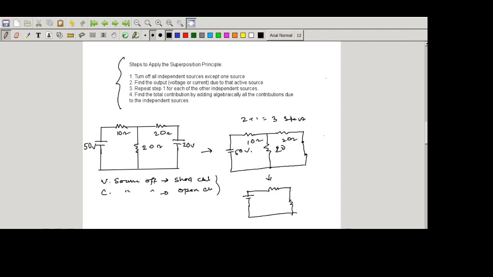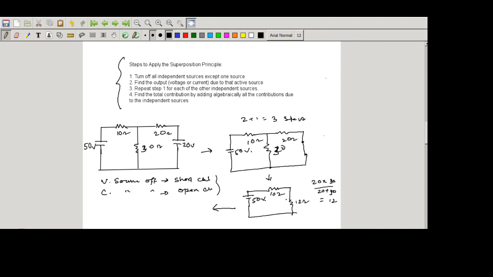Now we change this value for better understanding. It is 30 ohm. Now 20 and 30 in parallel: 20 times 30 divided by 20 plus 30 equals 12 ohm. So here 12 ohm, here 10 ohm remains the same, and here the 15 volt remains the same. Next we can solve these equations again.